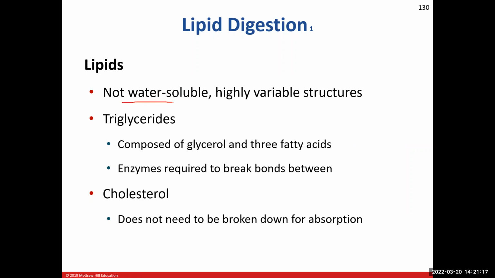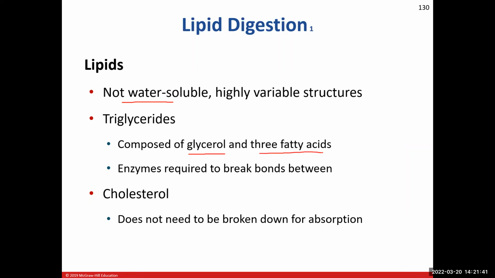So they need help, and that's basically what we're going to talk about here when we're talking about lipids. So some of the different types of lipids, we've talked about triglycerides, cholesterol, steroids, eicosanoids, phospholipids there. So triglycerides are made up of the glycerol backbone and 3 fatty acids.